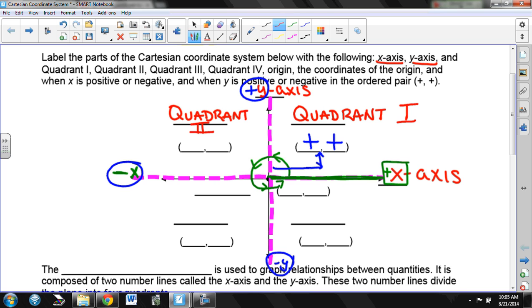Quadrant 2 is different from quadrant 1 in one very special way. For our x values in quadrant 2, we're moving to the left, which means our x values in quadrant 2 are going to be negative. In quadrant 2, we're still above the center. Upward, we have positive y values.